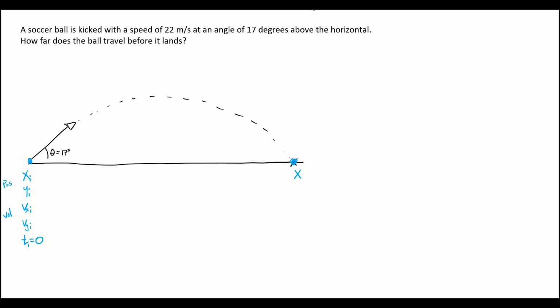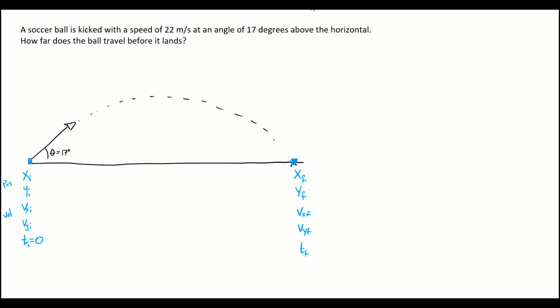We're going to want to discuss the final position in x and y directions, as well as the final velocity in the x direction and the final velocity in the y direction, both those components, and that's going to happen at some final time.